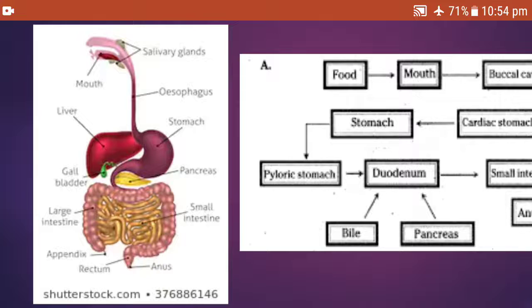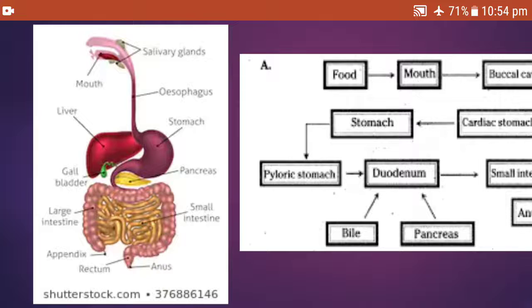This masticated food is called bolus. The bolus is then rolled down the esophagus, the second part of the digestive system, by peristaltic movement. The esophagus is a long tube. It has an inner lining of mucus, that slimy substance, which helps in rolling down the food.